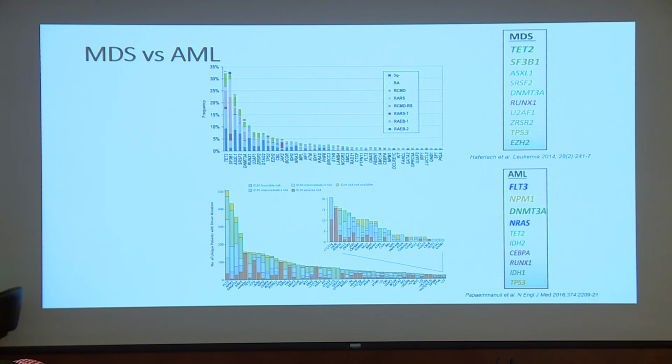Either this is straightforward AML with NPM1 mutation, or if you would like to call it MDS because of the blast count, believe me, it will be imminent, and within a few days, maybe 3 days, a week, it will transform to AML.